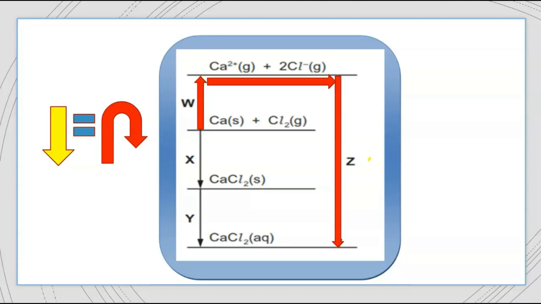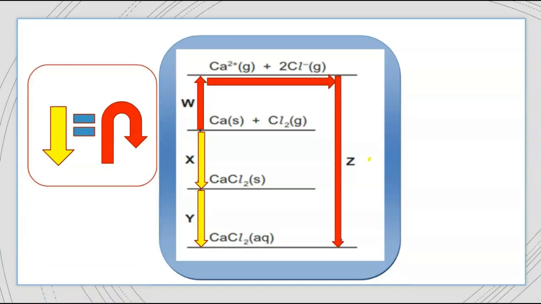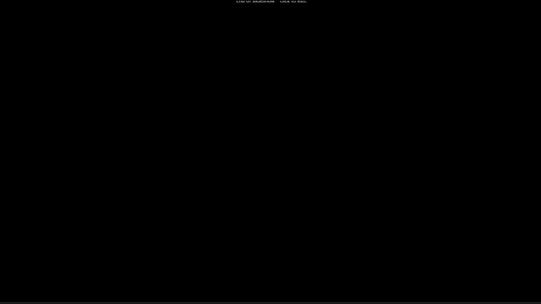You can see through W to Z we reach calcium chloride aqueous, and another way is we reach calcium chloride aqueous by simply forming calcium chloride from its elements and then dissolving it in water. So here we apply this rule and we can calculate the value. And we will solve it on the board.